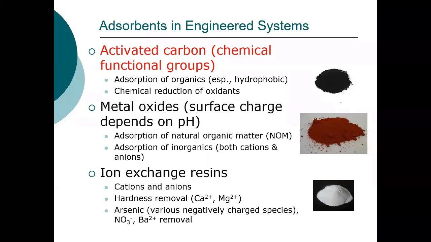We can also use metal oxides, and shown here is an iron oxide, and that can be used for adsorbing naturally occurring organic matter. It can also be used for adsorbing cations and anions. So for example, alumina is a metal oxide and can be used for adsorbing arsenic, which is actually present as arsenate or arsenite in waters.